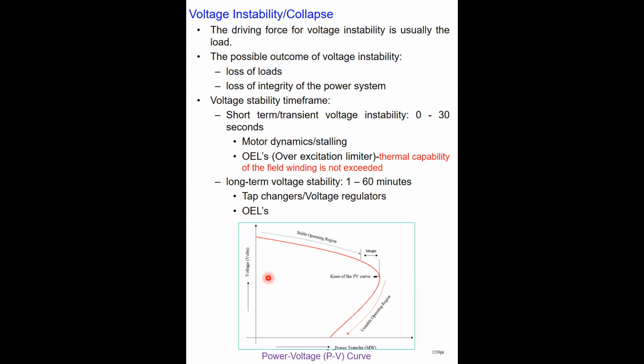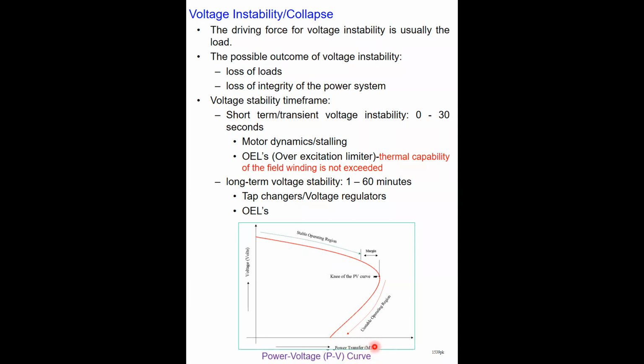So just to illustrate, this is the PV curve here. On the x-axis it is the active power loading. That means if you have a large amount of power flow, or a high amount of power drawn from a given bus, that is the active power, the loading on the line or on the given bus.